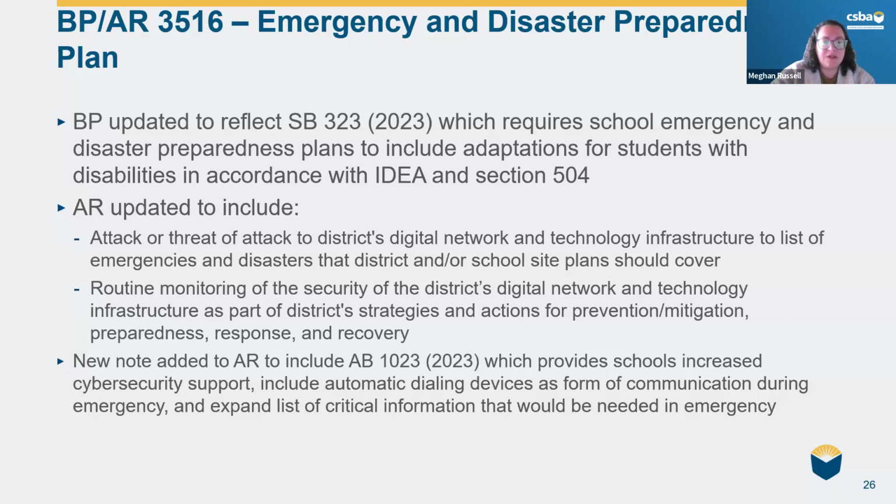The AR was also updated to include an attack or a threat of attack to the district's digital network and technology infrastructure. This was added to the list of emergencies and disasters that the district or the school site plans should cover. And then also routine monitoring of the security of the district's digital network and technology infrastructure was also added as part of the district's strategy and actions for prevention, mitigation, preparedness, response, and recovery.